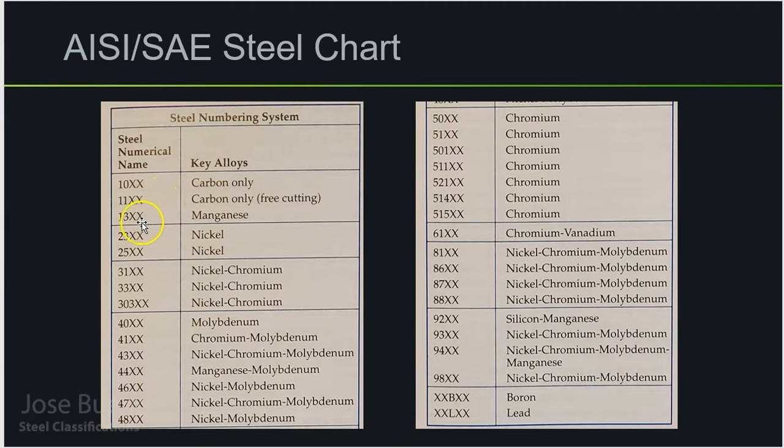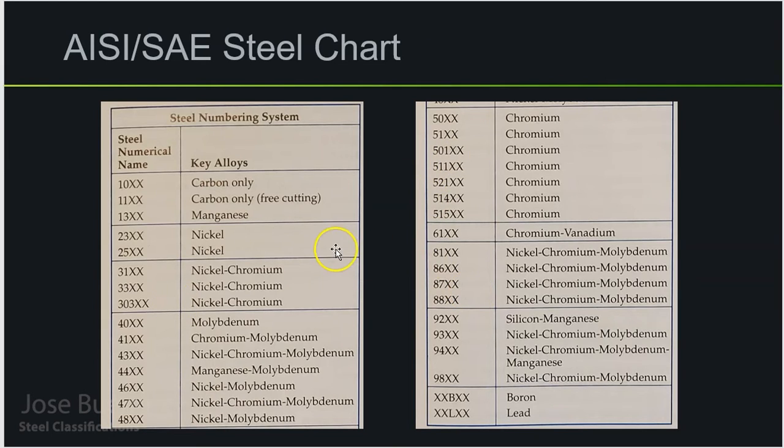And as we start moving up, 13 series of steel, manganese is the alloying element that has the greatest presence. We move on to 23 and 25. Nickel becomes the highest percentage alloying element. The 31, 33, and 303 series is just nickel chromium. And on and on and on and on.